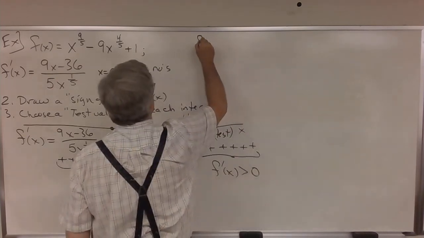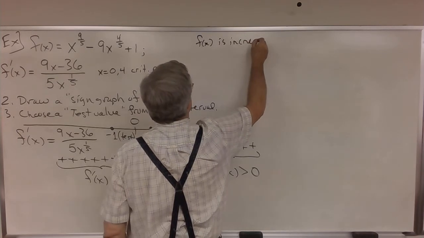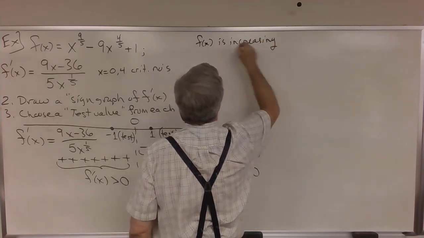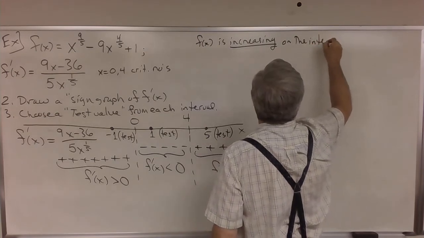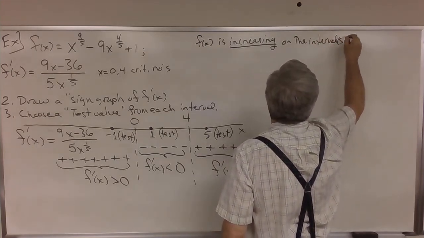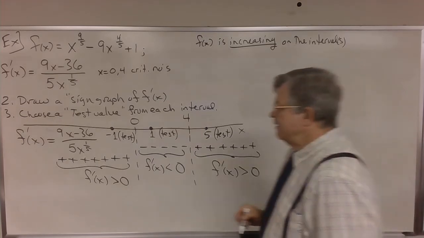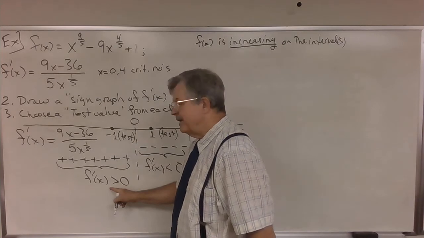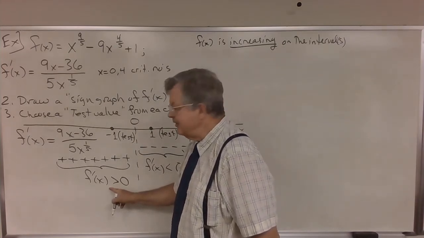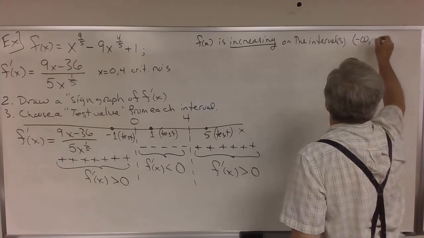So let's see, f of x is increasing on the intervals from negative infinity to x equals 0, the derivative's positive, so it's increasing on this interval. Negative infinity to 0.